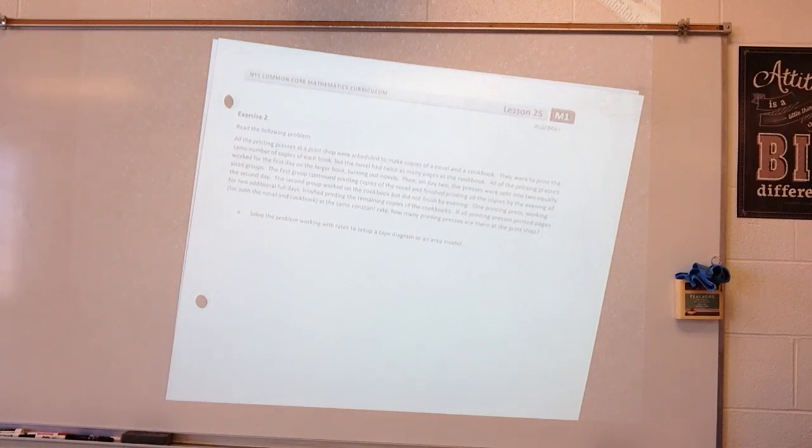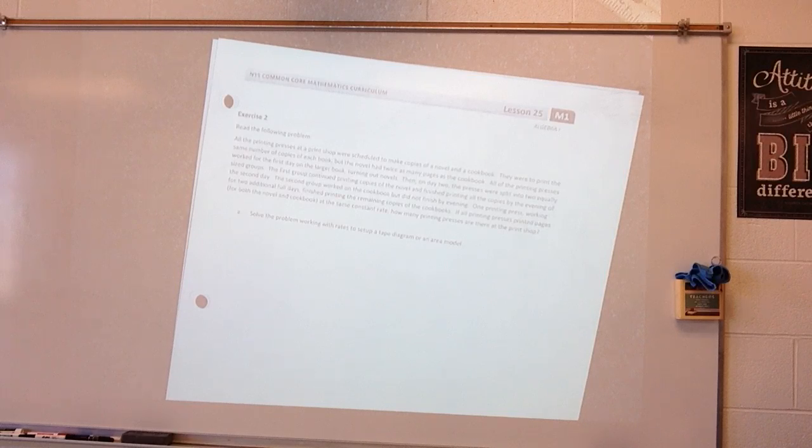How many of the printing presses are used to print the novel on the first day? All of them. How many are used to print the novel on the second day? Only half of them. How many are used to print the cookbook on the second day? Half of them.